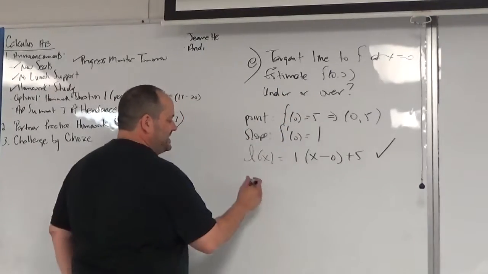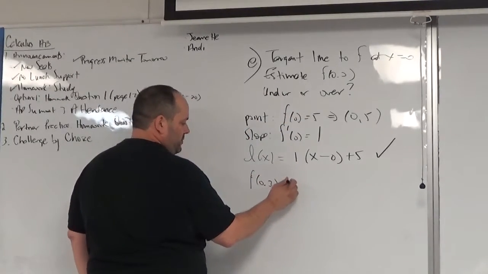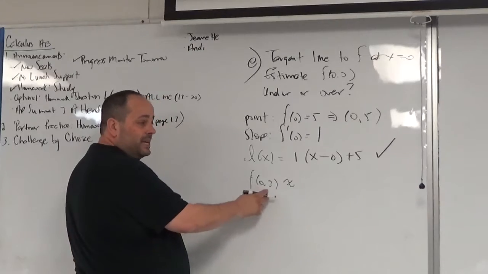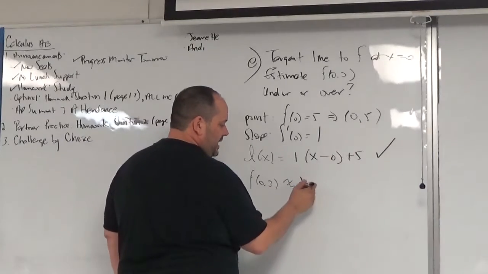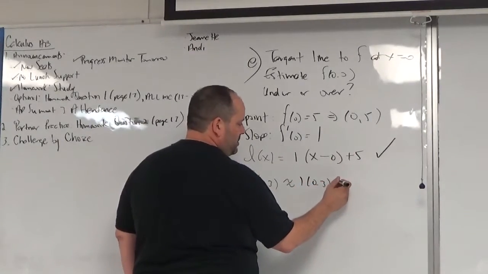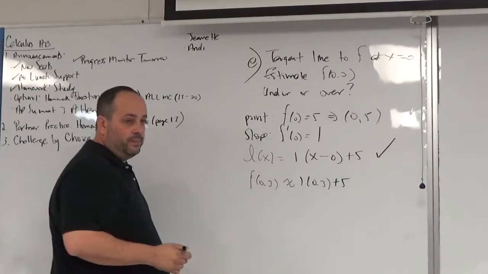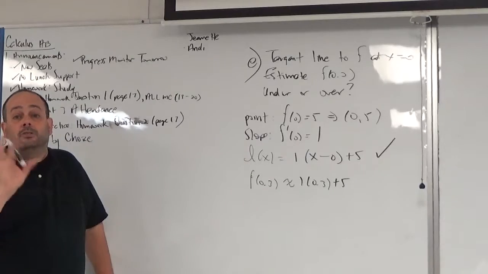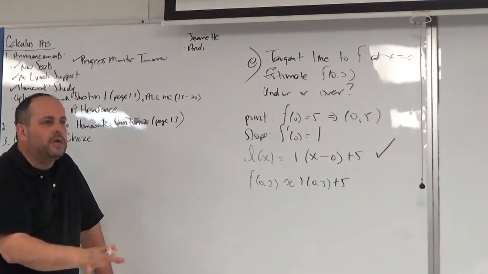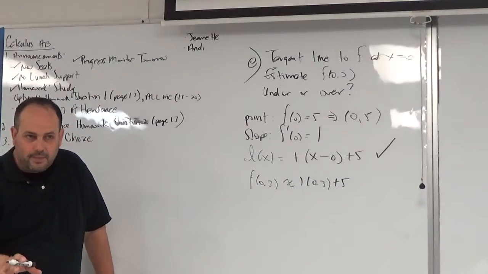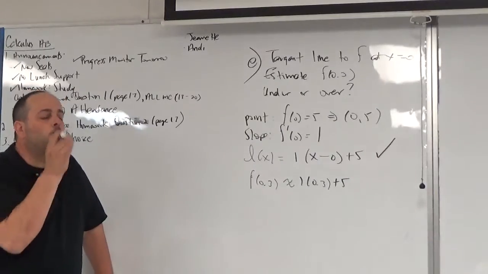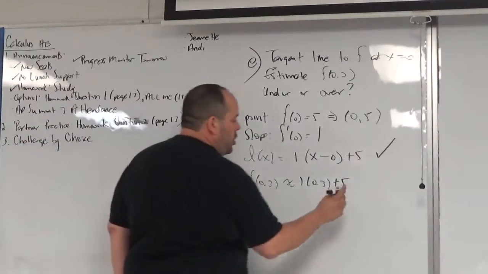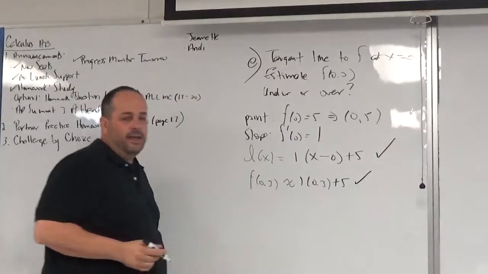So it's your estimate for f of 0.3. You're going to say my estimate is going to be approximately 1 times 0.3 minus 0 plus 5. Now what's that equal to? We don't have to solve for it. Yes, it's 5.3, and anyone who has made it to AP Calculus better be able to figure out 5.3, but nobody cares. Nobody cares, so stop there.